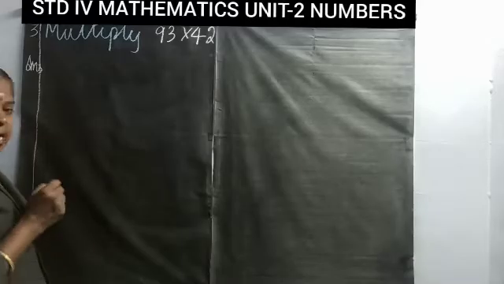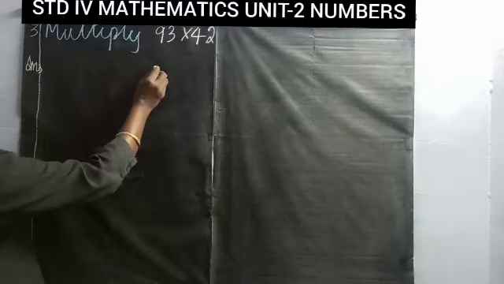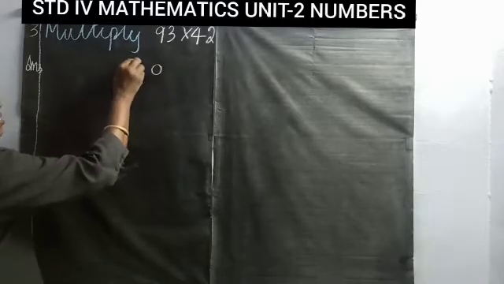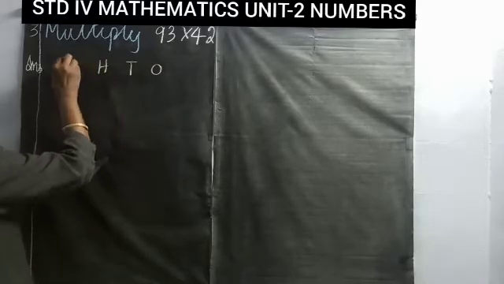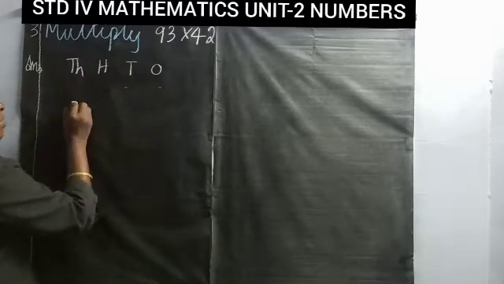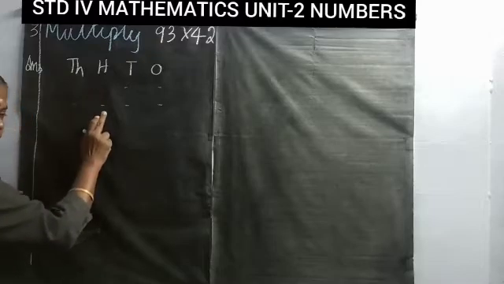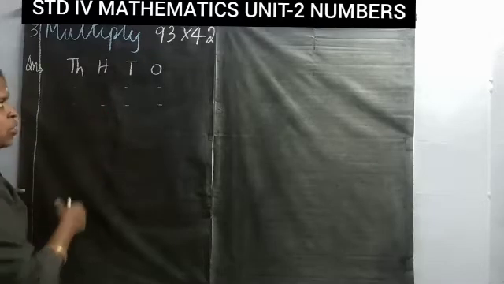Now we can multiply 93 into 42 in method 2. Look here. First we write ones, tens, hundreds, thousands. After that, leave 2 fingers gap to write the carryover.